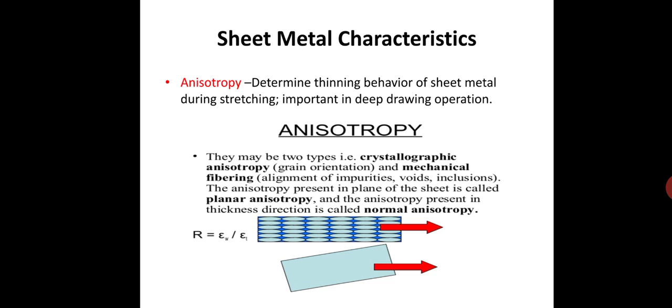Anisotropy may be of two types: crystallographic anisotropy, that is grain orientation, and mechanical fibering, the alignment of impurities, voids and inclusions. The anisotropy present in the plane of the sheet is called planar anisotropy, and the anisotropy present in the thickness direction is called normal anisotropy.